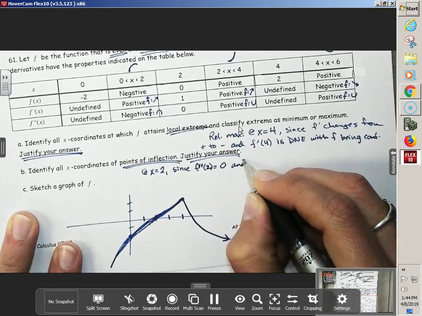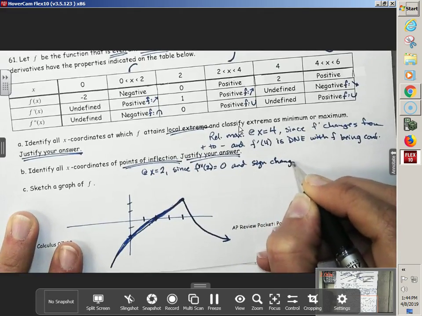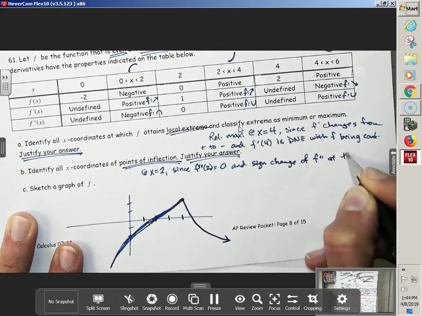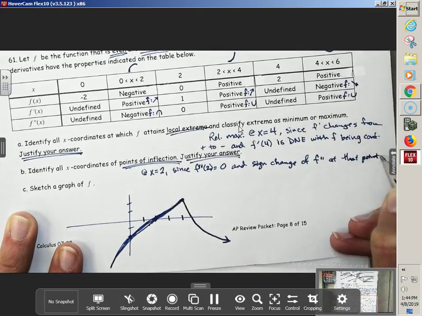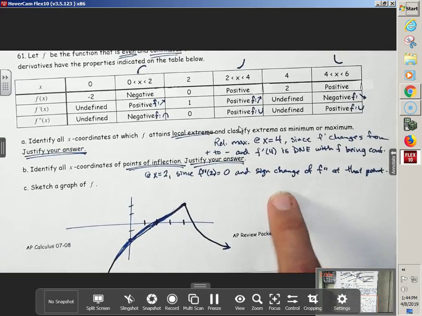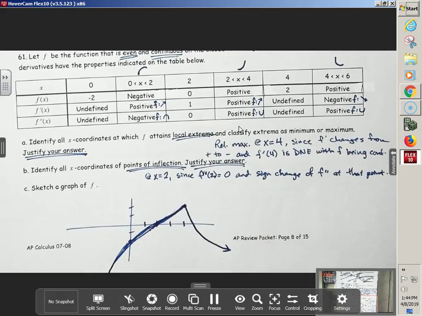So it's a PIP, and there's a sign change of f double prime at that point. You could be specific and talk about how the sign change of the second derivative means a concavity change of f, but that's sufficient.